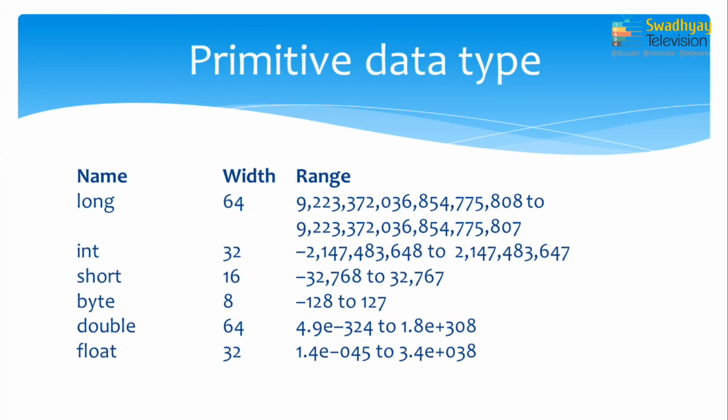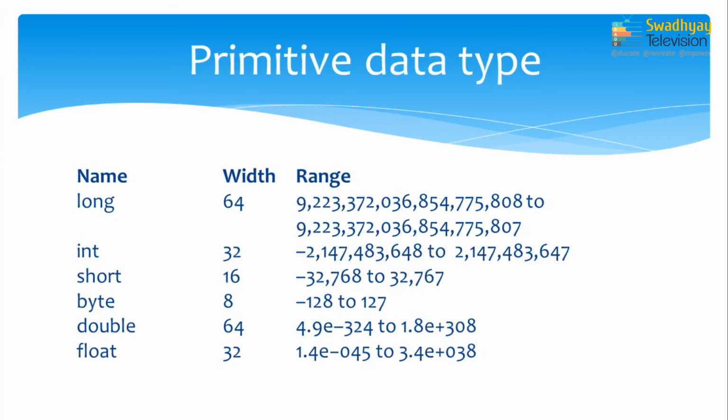We can have the byte data type which has a range of -128 to 127, and you can see that the double data type has 64 bit. Now, remember this width is represented in bits. So, 64 is bits and 8 is bytes. The double data type can support 4.9 into 10 raised to minus 324 to 1.8 into 10 raised to 308.